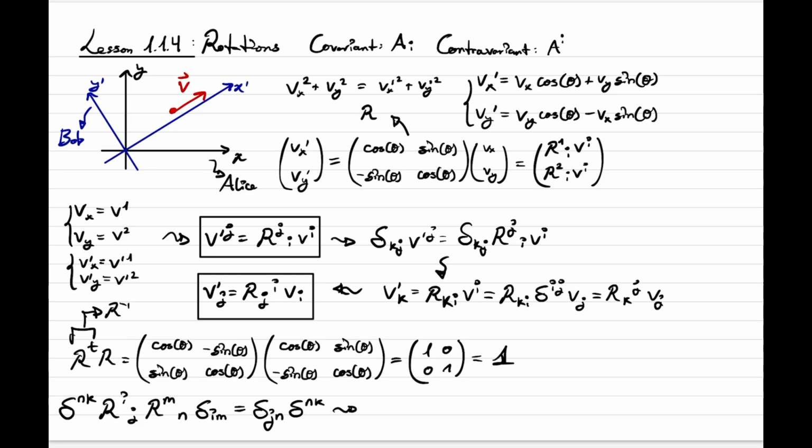Let's contract these two: we are going to kill the n's and place the lower i here. Now we do the same for the n: we kill the n and place the k here. And now we have this, which is still the same. For the Kronecker deltas, we kill the n and place the k.